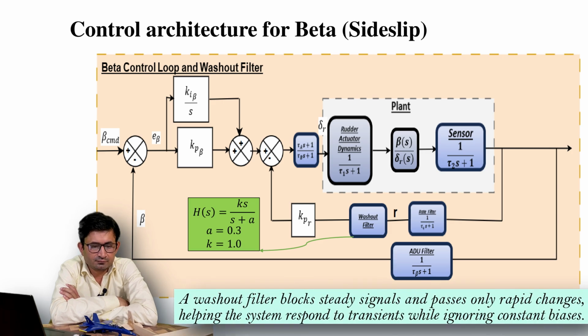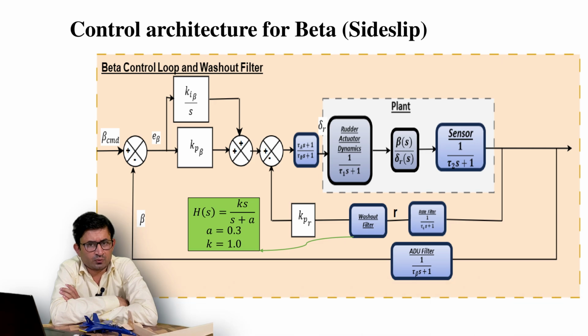Another scenario you can consider is when you are hit with a strong gust on the vertical tail. The washout filter will pass this signal and try to compensate for it.